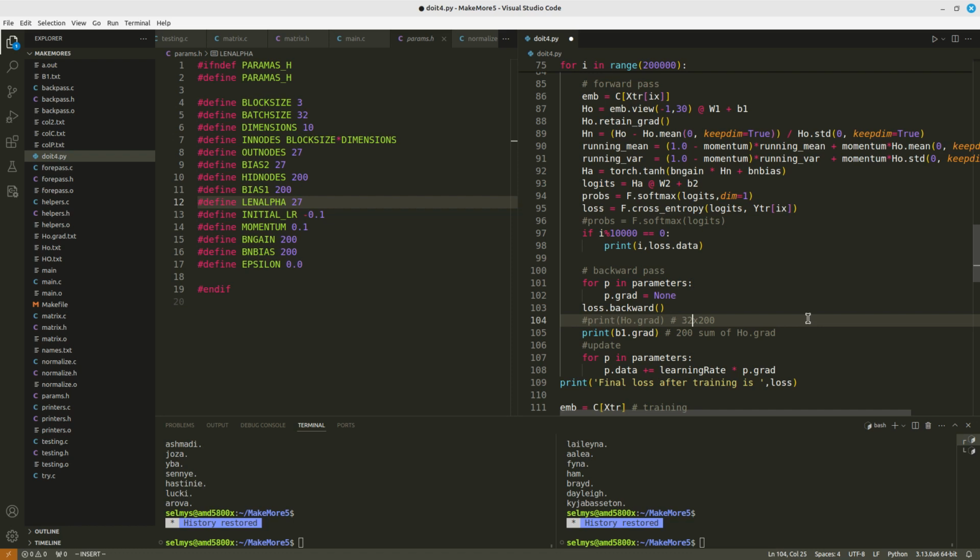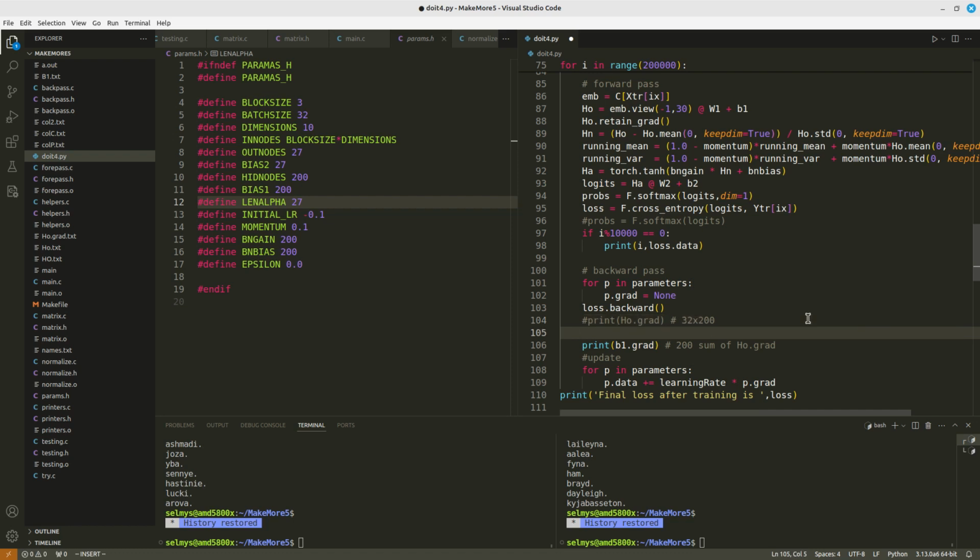And what I can do is I can print torch dot sum, and I'm going to sum the HO gradients over 0, which is the columns.